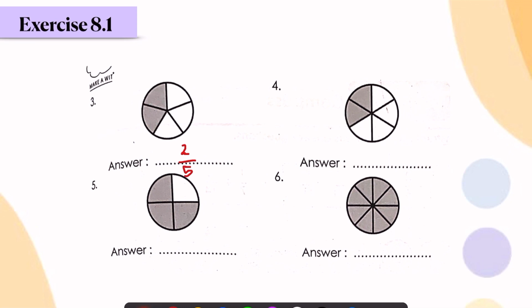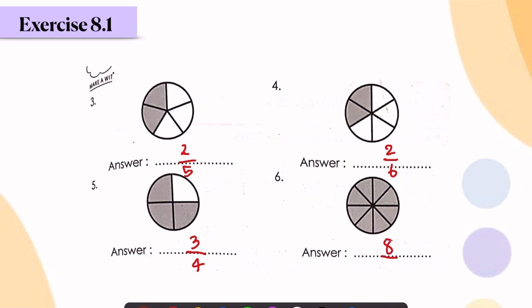Number 4, we have 2 over 6. And number 5, 3 over 4. And number 6, let's count together. 1, 2, 3, 4, 5, 6, 7, 8.